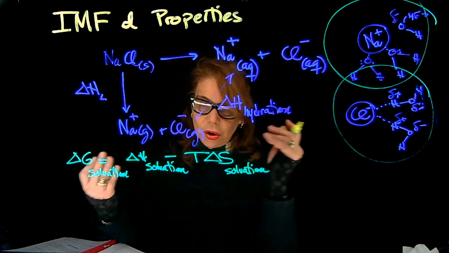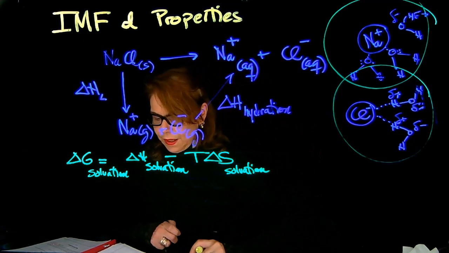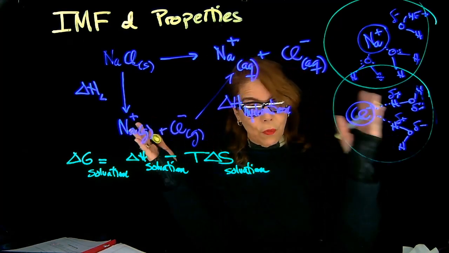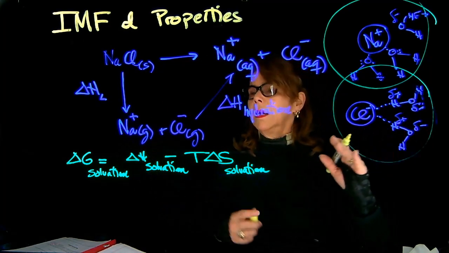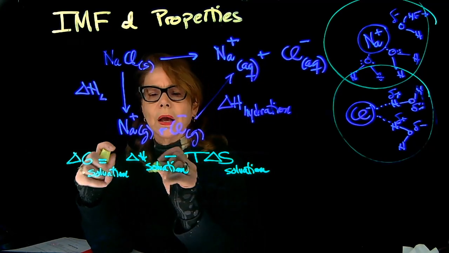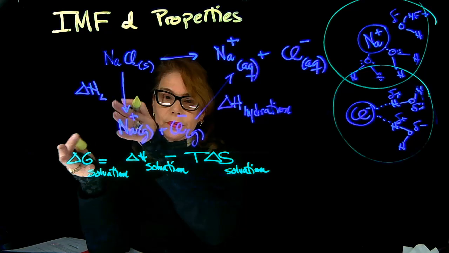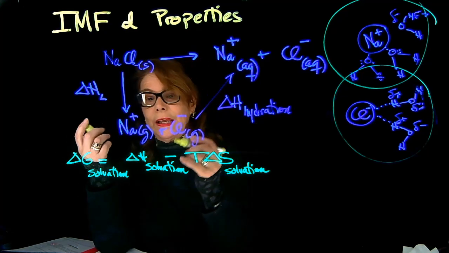But what is involved in this? When we consider enthalpy, these are the changes when you form bonds and break bonds. Remember that some processes require an input of energy. When you break the crystal lattice, that definitely is a plus sign.